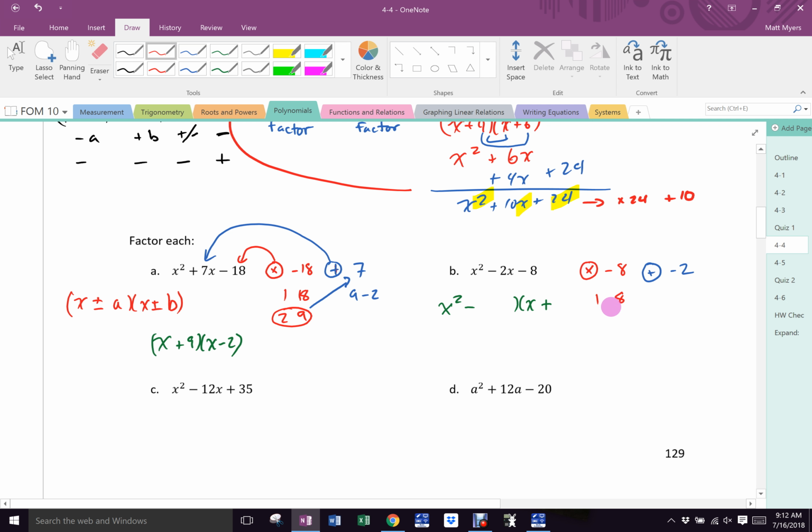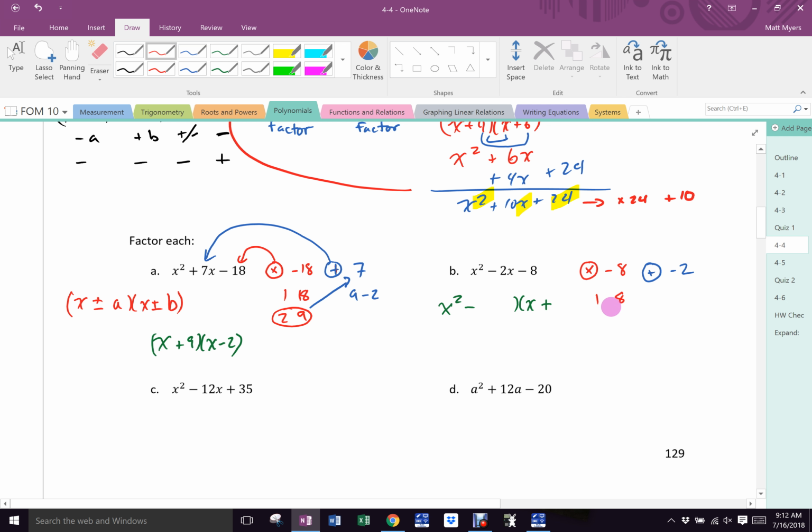Okay, how will 5 and 7 get me to negative 12? They both have to be negative. Negative 5 and negative 7 is negative 12. So this is x minus 5, x minus 7. Can everybody factor? Great.